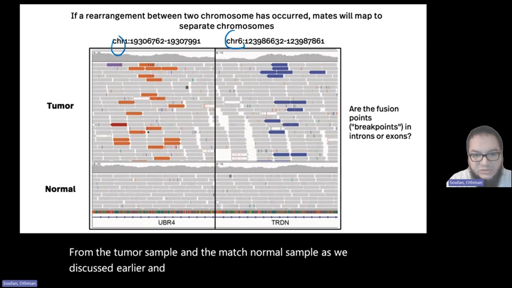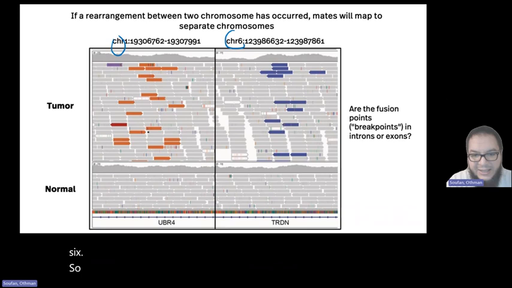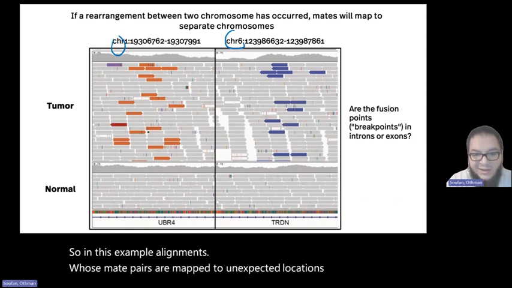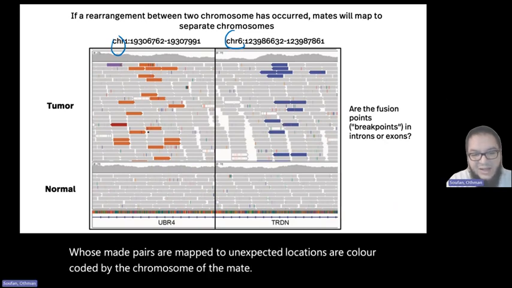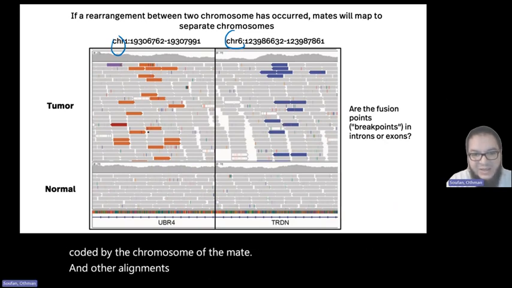We have regions from chromosome 1 and 6. In this example, alignments whose mate pairs are mapped to unexpected locations are color-coded by the chromosome of the mate, and other alignments are displayed in light gray.